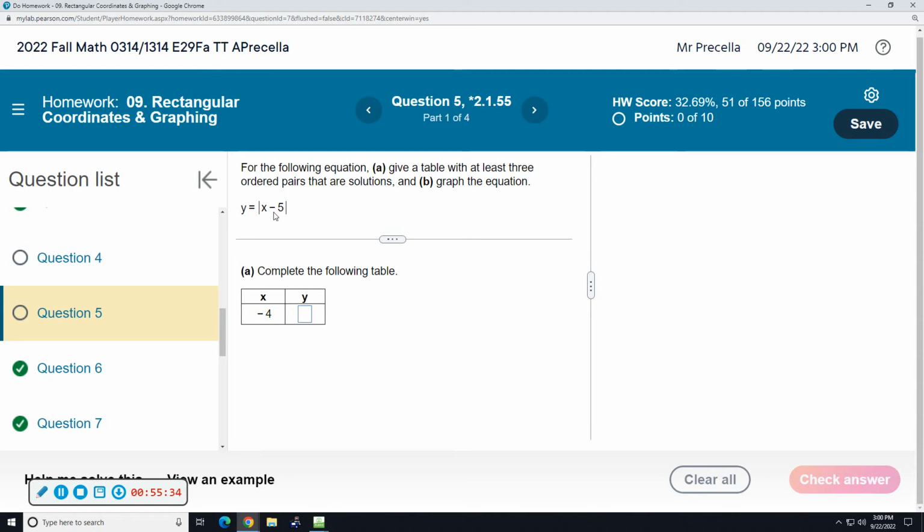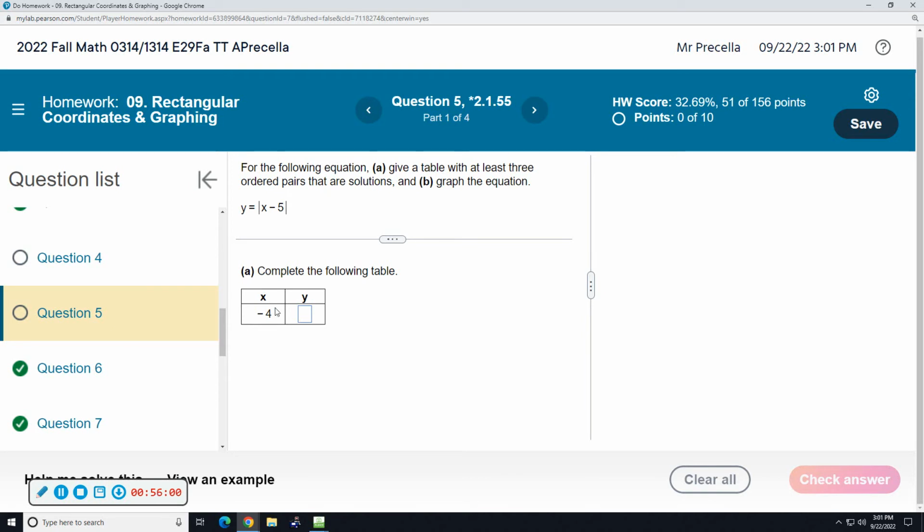The vertex will occur when that step inside there is equal to 0. What x value would make x minus 5 equal 0? 5. And so we're going to have to plug in a 5, okay? So when they're giving us the values, 5 has to be one of them.